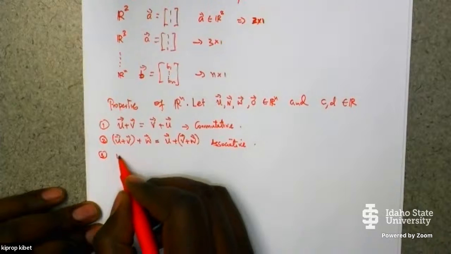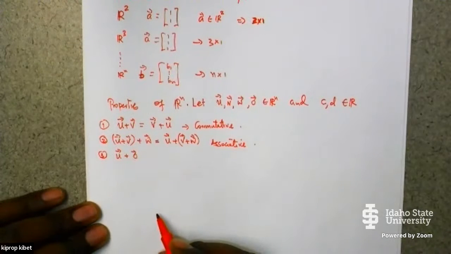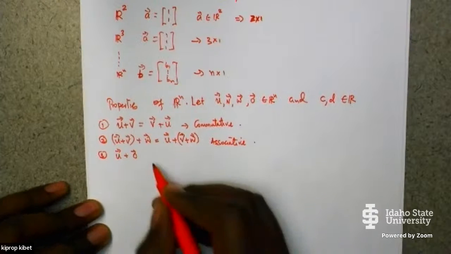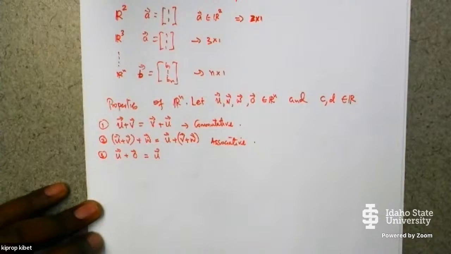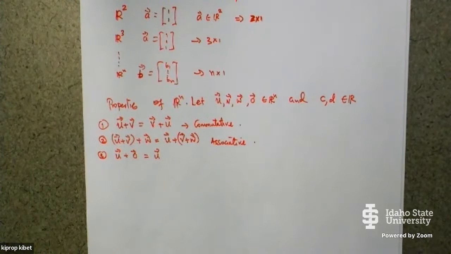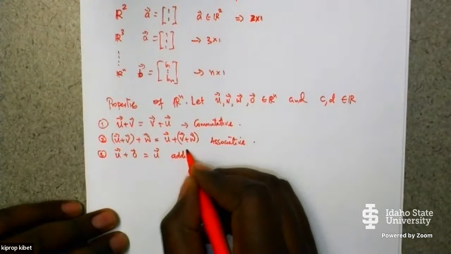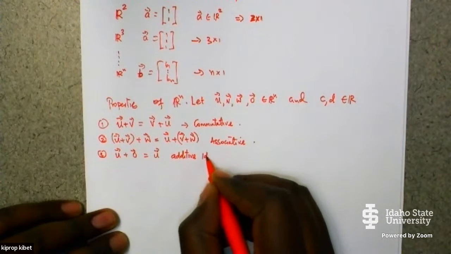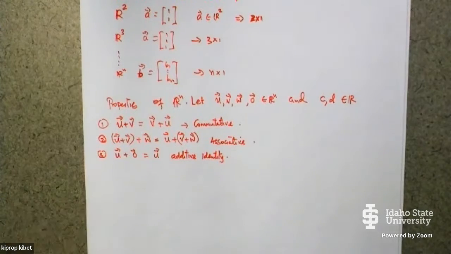Number three: if you add the vector u plus the zero vector, then it is similar to u. This one is the additive identity.